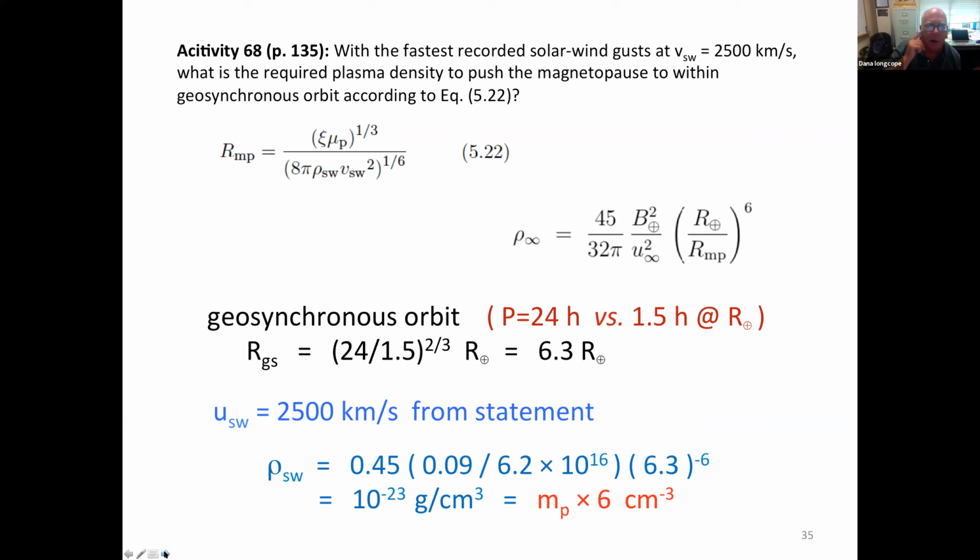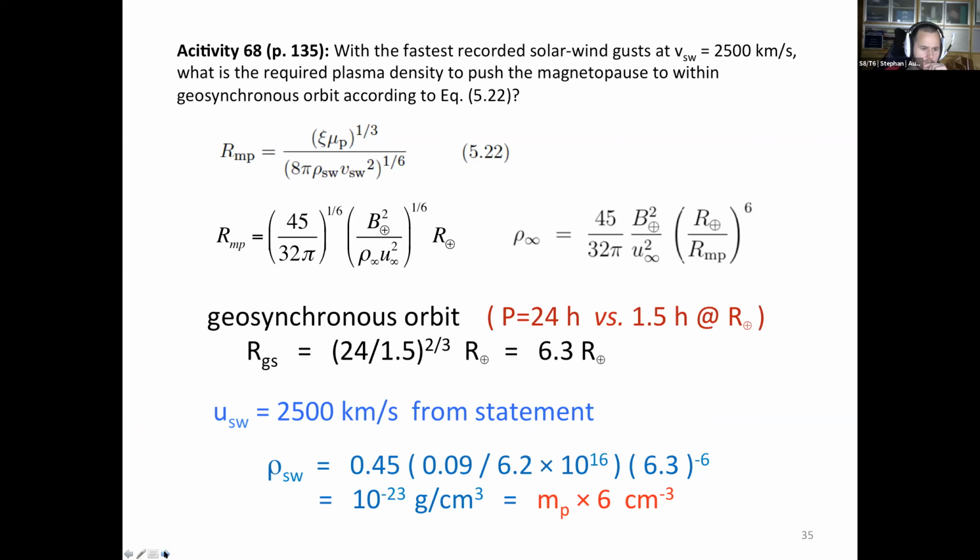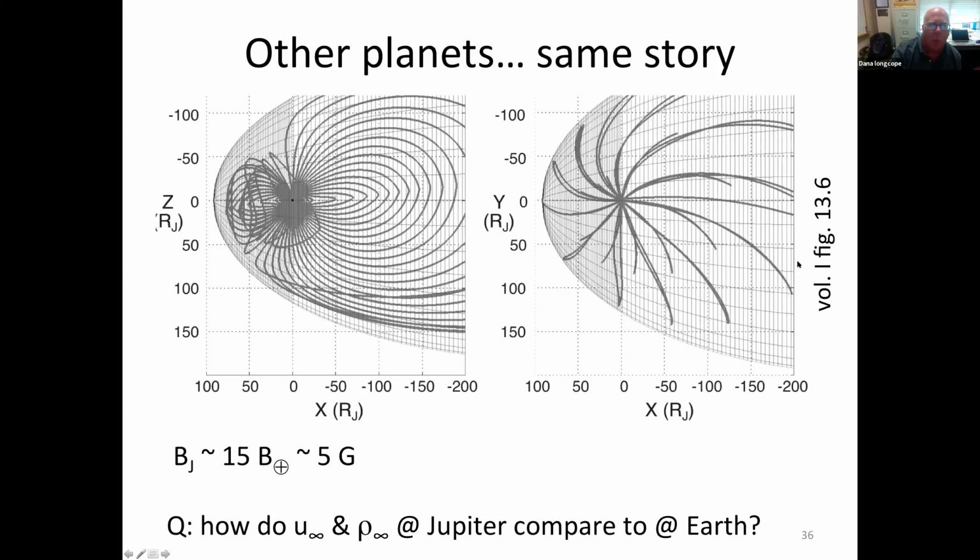There were a couple of other activities that were interesting. First of all, one of the exercises to go through if you're interested in Jupiter, it has a magnetic field strength that is 15 times the strength of the Earth. Okay, I mean, it's a big planet. It's got a very strong magnetic field, but it's only actually 15 times stronger than ours.